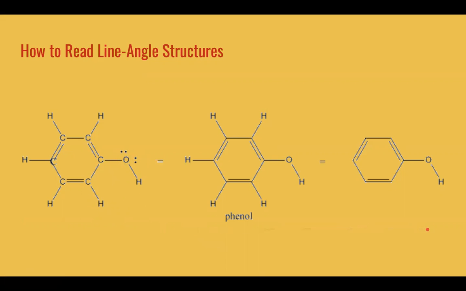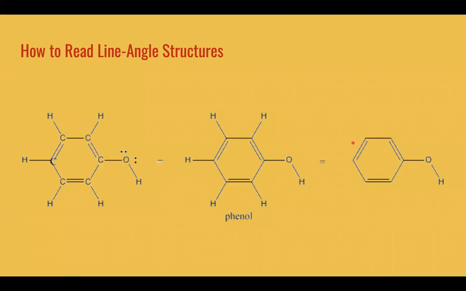And as you go down to the right, there's this simplified form of this structure, and these are called line angle structures. Where carbons once were before, you can see their vertices now, and the hydrogens that are connected to those carbons are now absent. So they're implicit.